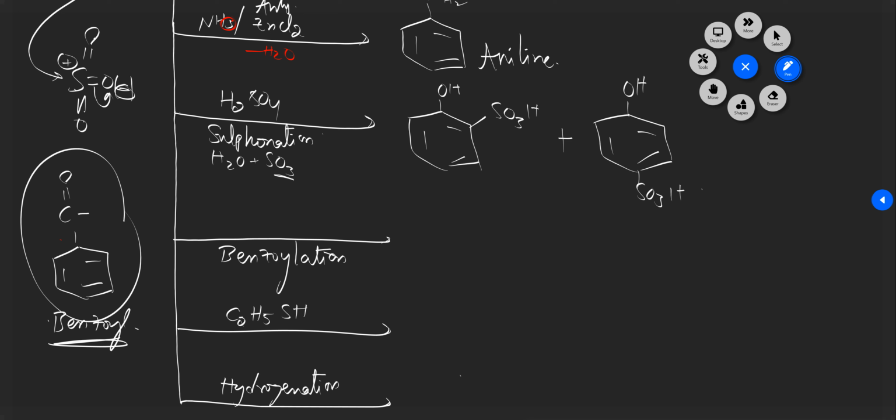Benzoylation means on benzene we introduce C6H5 C double bond O. So I am taking benzoyl halide, C6H5COCl. It is thiol. Hydrogenation means I am taking H2 in the presence of nickel, platinum, palladium. Hydrogenation means adding hydrogens, a reduction.